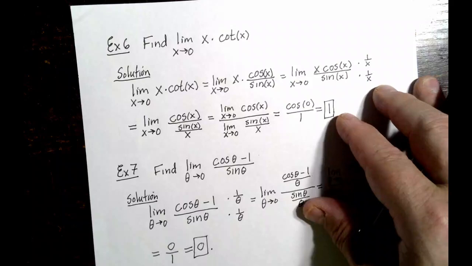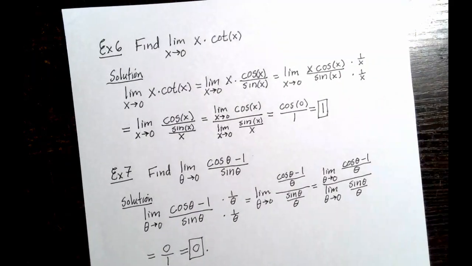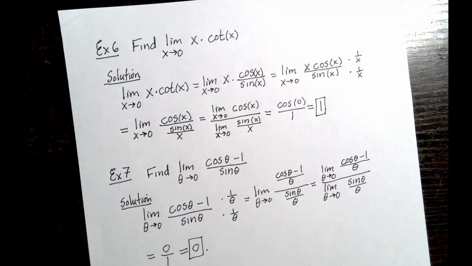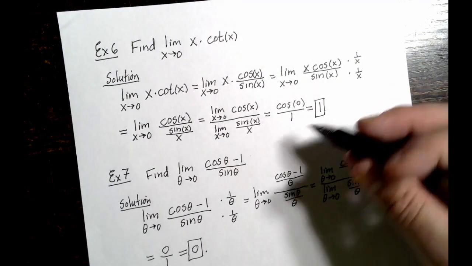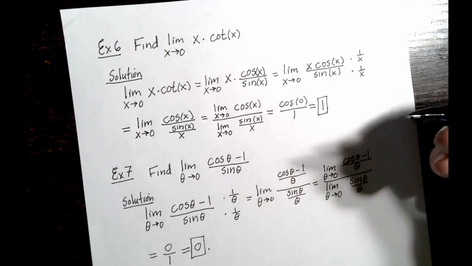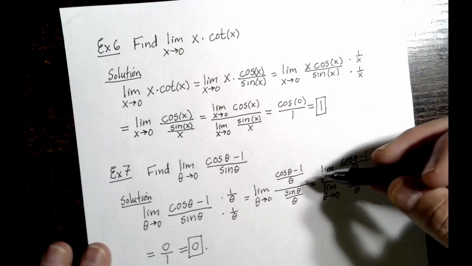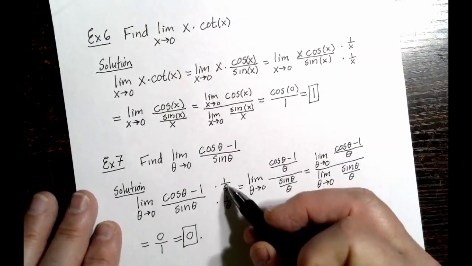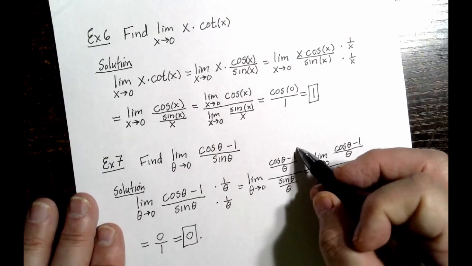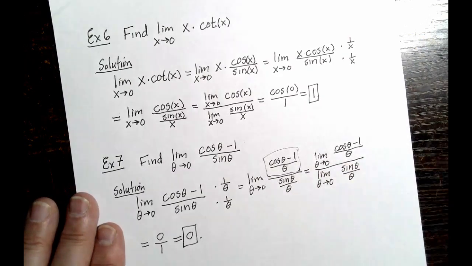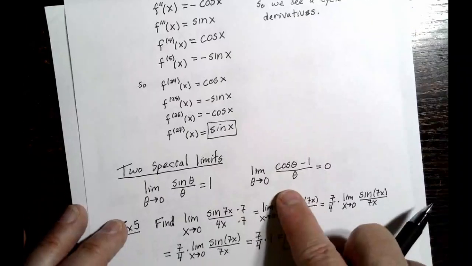And we do the same thing here with this one. At some point, we're asked to use the limit for cosine theta minus 1 over sine theta. So they first multiply by 1 over theta, top and bottom. They do that because this part right here is exactly what you had right here.